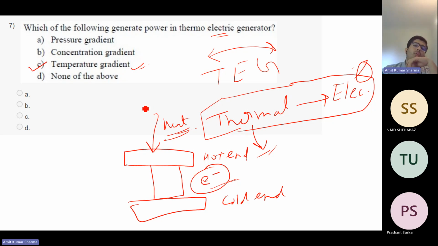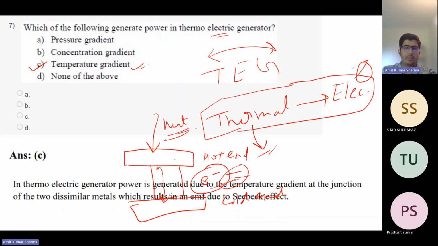Due to temperature gradient, the electrons of a metal will take energy and jump from their state to another state and travel. If the electrons are traveling, then current is flowing. This is a very basic definition.